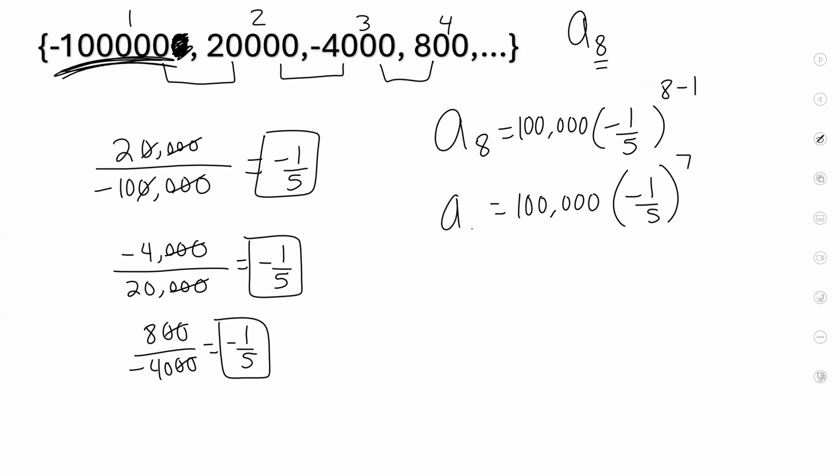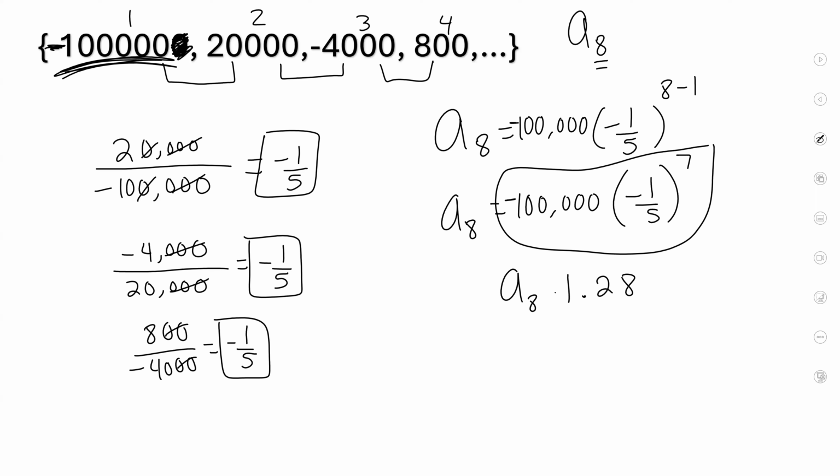That first term is a negative 100,000. So you will type this into your calculator and you will get 1.28. So your 8th value in the sequence will be 1.28.